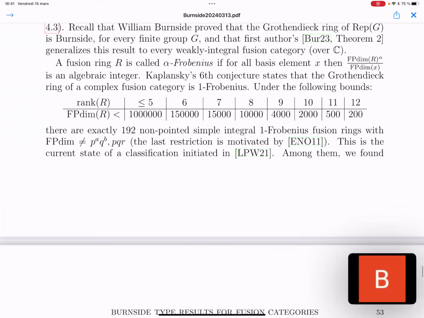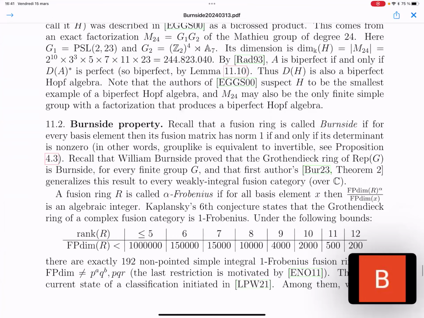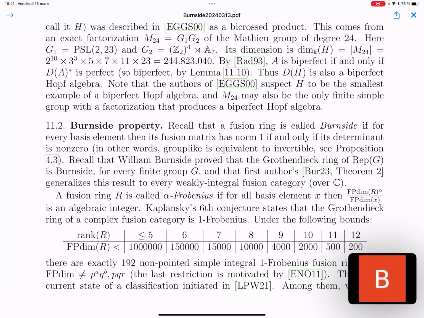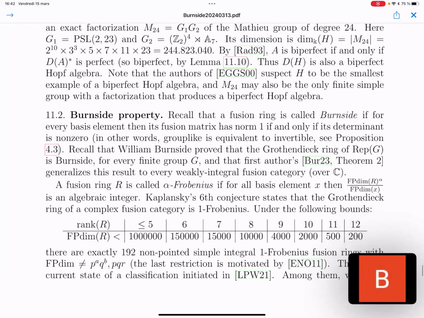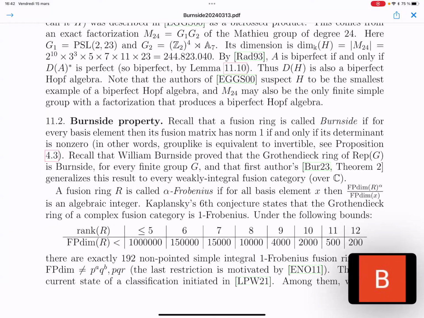In fact, a fusion ring is Burnside if, for every basic element, its fusion matrix has norm 1 if and only if its determinant is non-zero. I will mention that this is important.